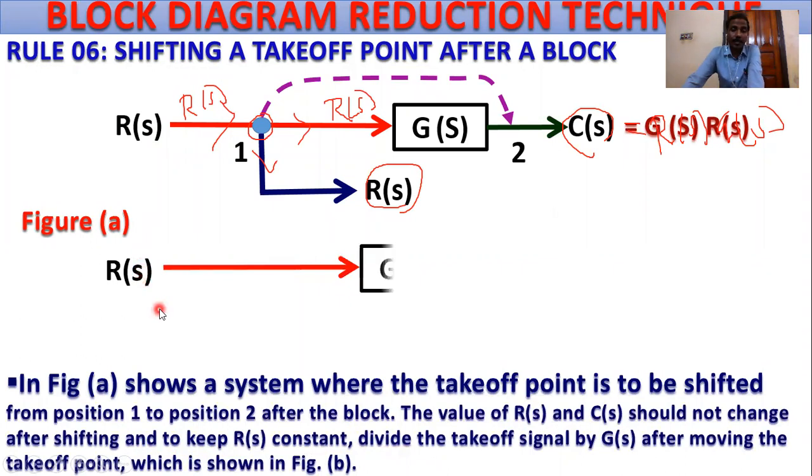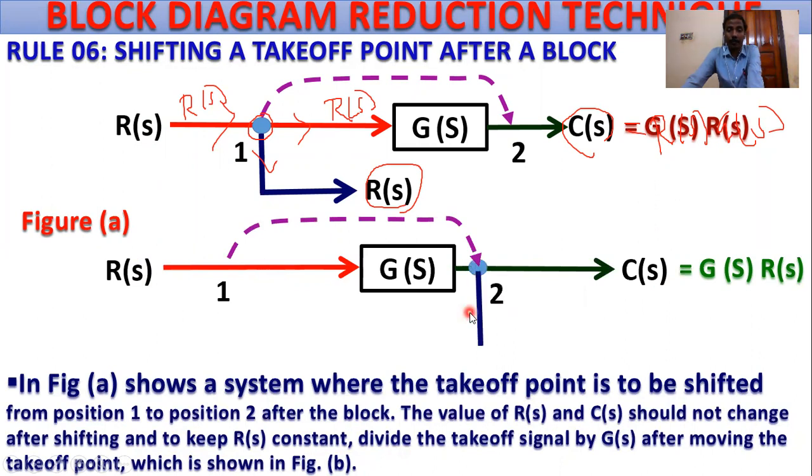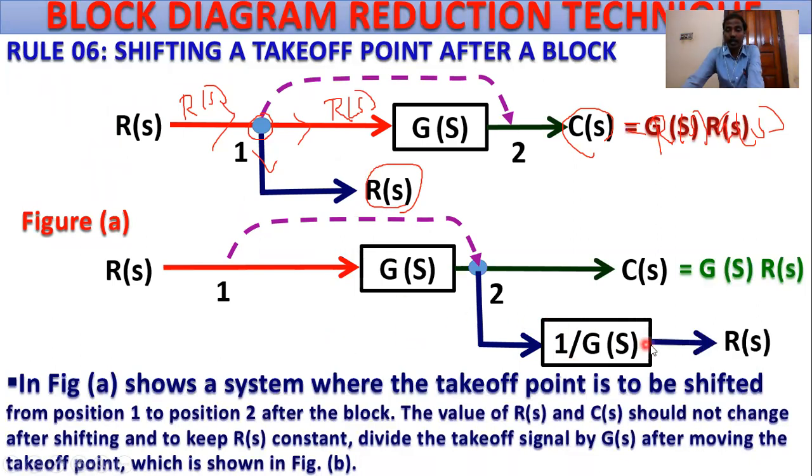So what is B? This is R(s) and the takeoff point shifted from position 1 to position 2. This is the controlled output C(s) equals G(s) into R(s), this is position 1, and this is the target point, position 2, and this signal is also R(s). This is multiplied by 1 by G(s), then the output is R(s). Why?